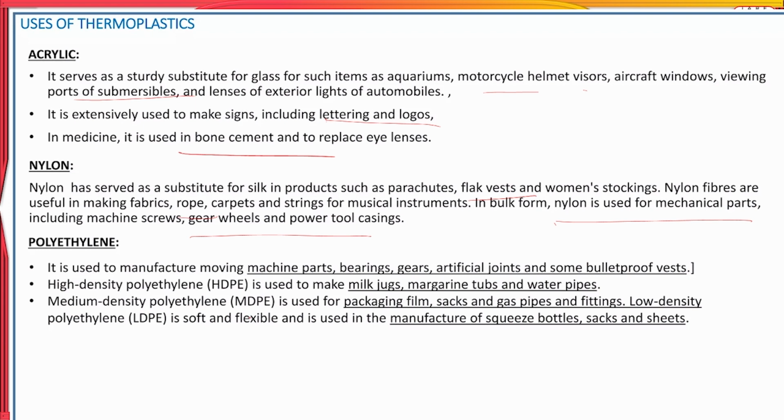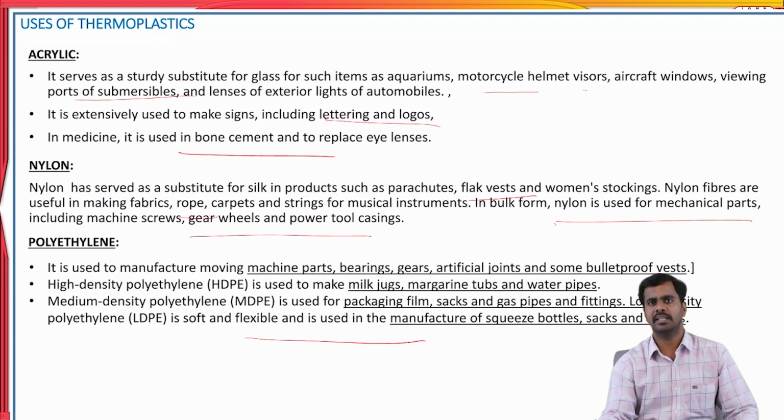Medium density polyethylene is used for packing films, socks, and gas pipes and fittings. And low density polyethylene is soft and flexible and used in manufacturing of squeeze bottles, sacks, and sheets.